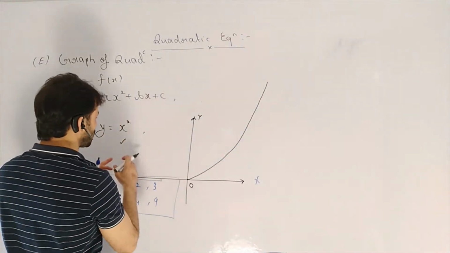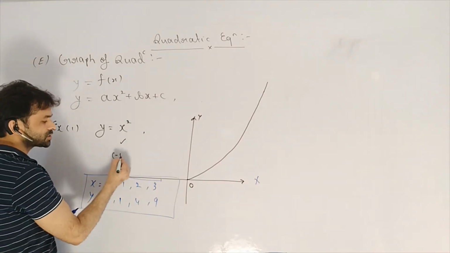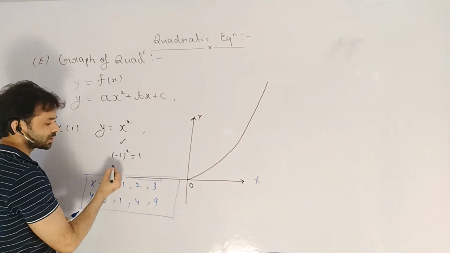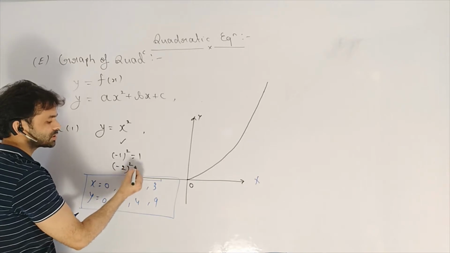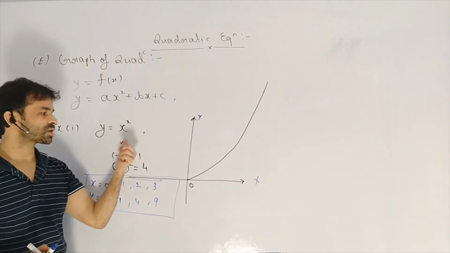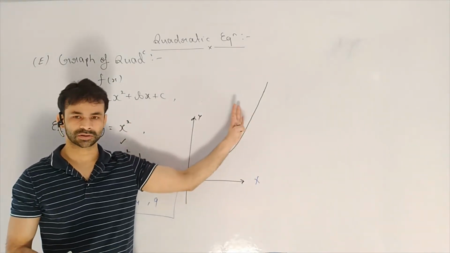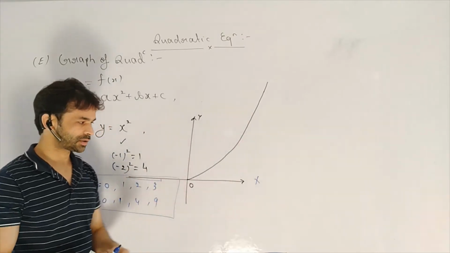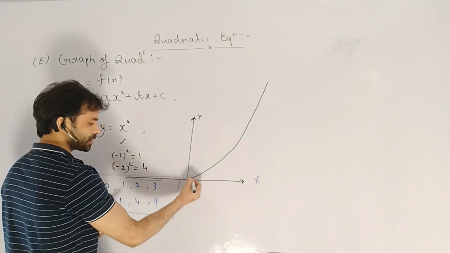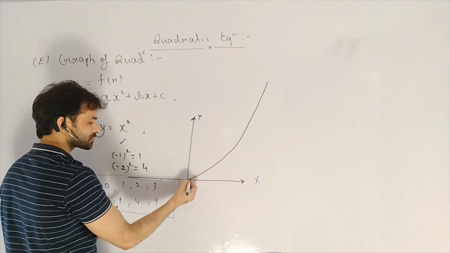So for the negative part, this will give you the same values. Minus 1 square is the same as 1 square. Minus 2 square is the same as 2 square. So the graph here will be the same, you can say the image of this.